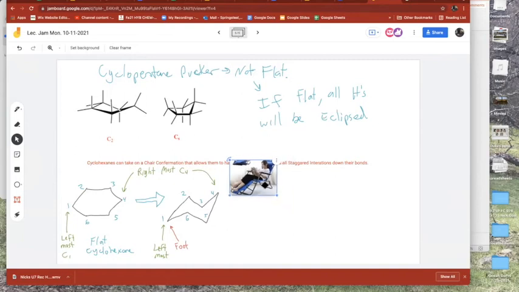So you see how this is the kind of chair we're trying to emulate here? This is the foot of the chair, and this is the head of the chair, and this is like the seat of the chair.